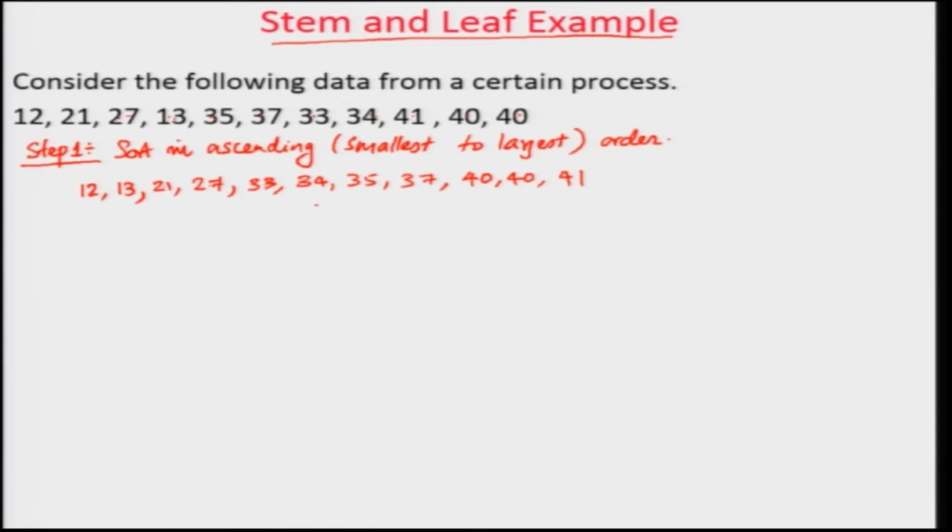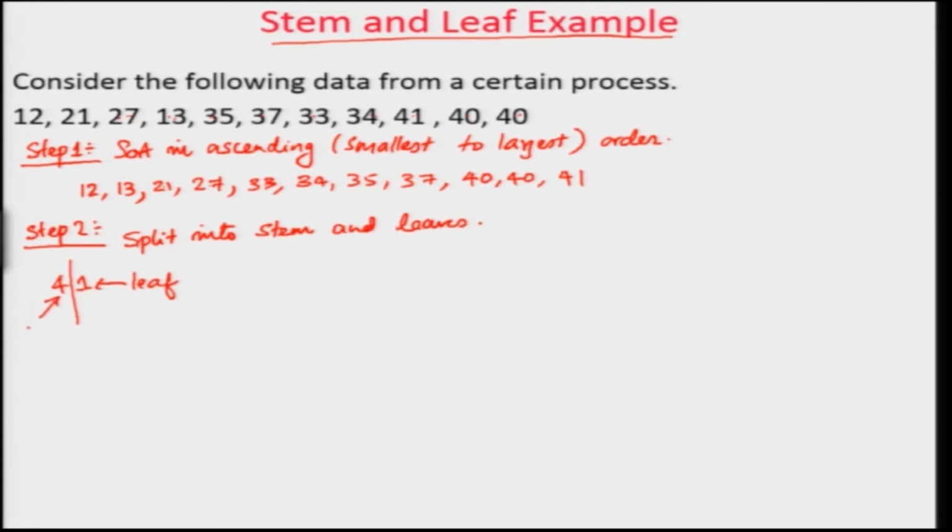Now step 2: split into stem and leaves. If you have a number, let us say 41, then by splitting it in the middle, this will become the leaf and this will become the stem.